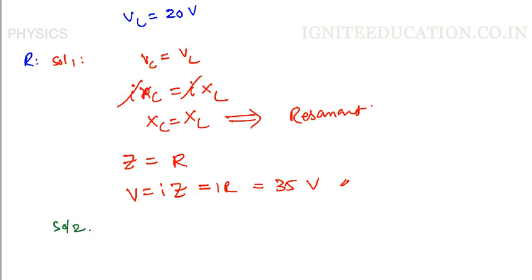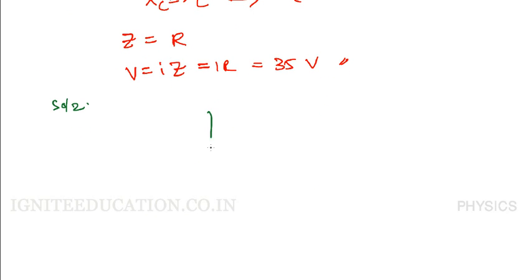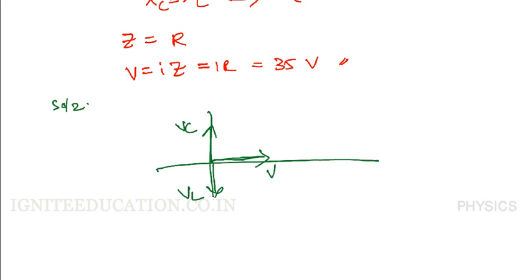According to the phasor diagram, we can write: if this is the voltage at the resistance, this is the voltage at the capacitor and this is the voltage at the inductor, the square of the total voltage is equal to the square of the voltage at the resistance plus (VC minus VL) whole square.